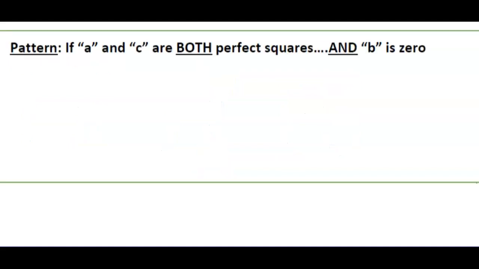Here's my rule. If my A and my C are both perfect squares, and B is 0, meaning it's not there, right?